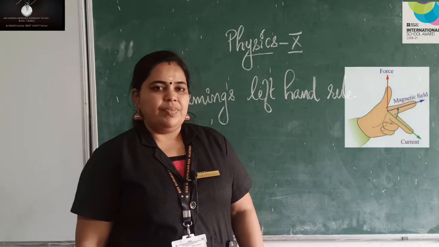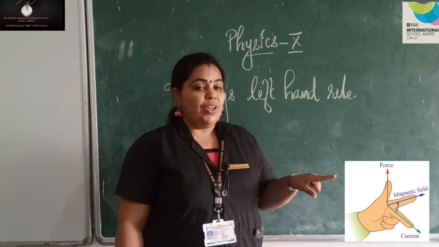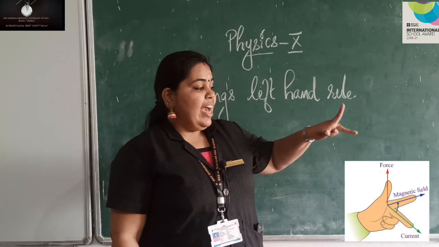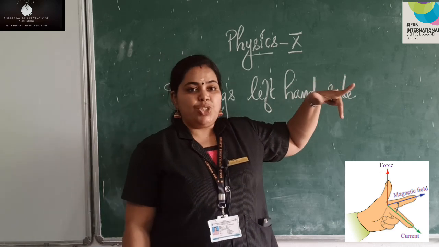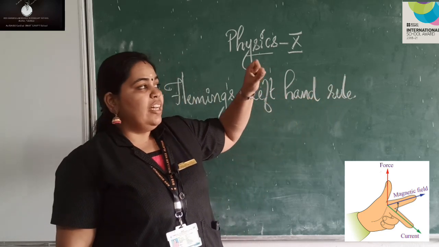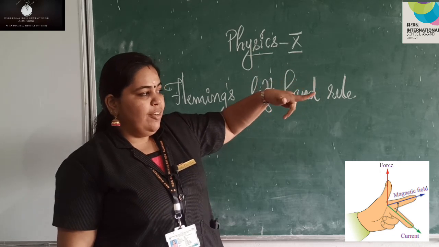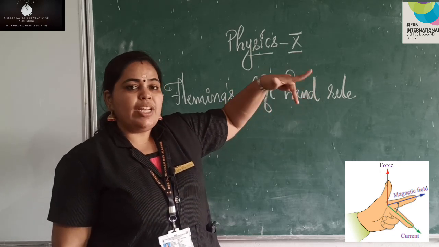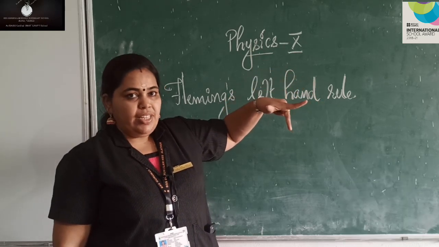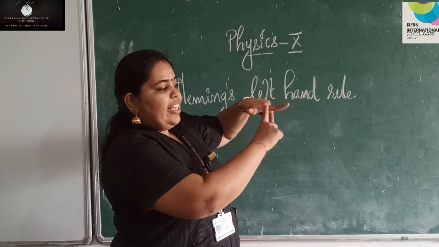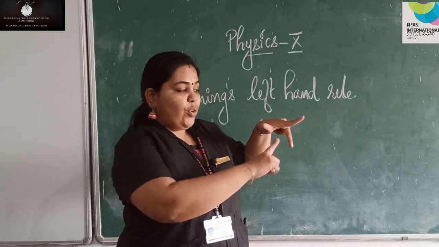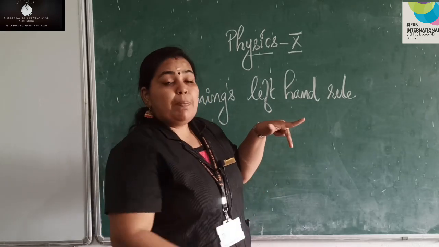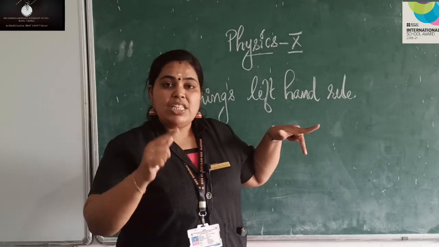Hold the forefinger, middle finger and thumb in three mutually perpendicular directions, such that the forefinger represents the direction of magnetic field.